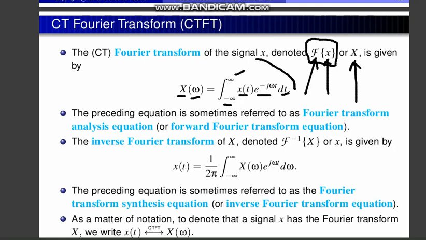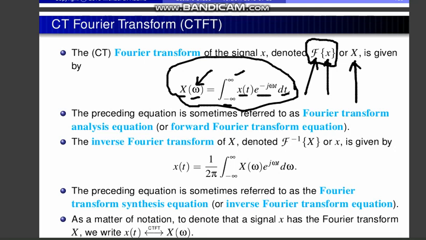You have to memorize this equation. This equation is the basis of the Fourier transform. If you want to Fourier transform a continuous signal x, just multiply with e to the power minus j omega t, and integrate.